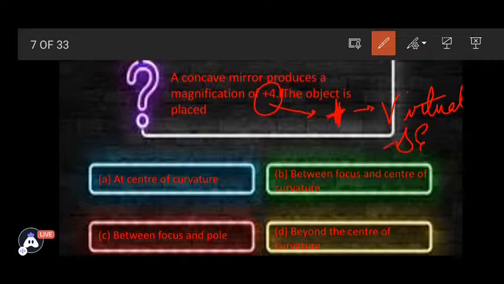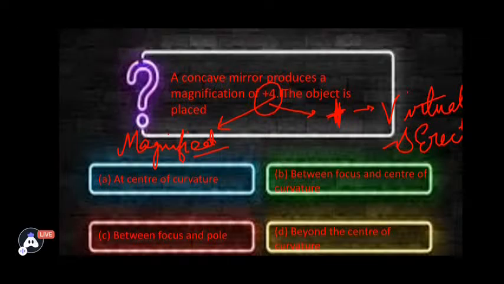And the number 4 denotes that the image is magnified, as the number is greater than 1. When the number is greater than 1, it shows that the image is magnified. So again the situation arises, which image is virtual, erect and magnified in case of concave mirror? Yes, very good. When the object is between P and F.